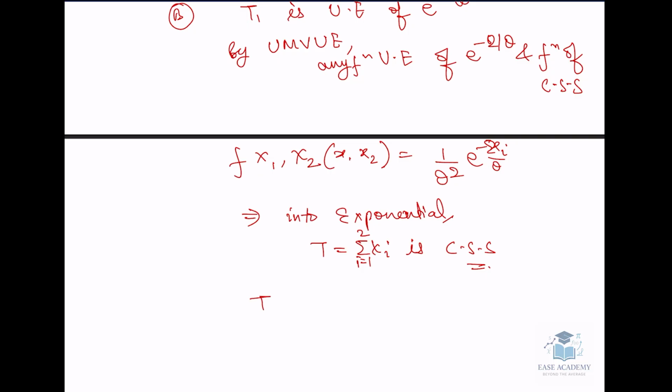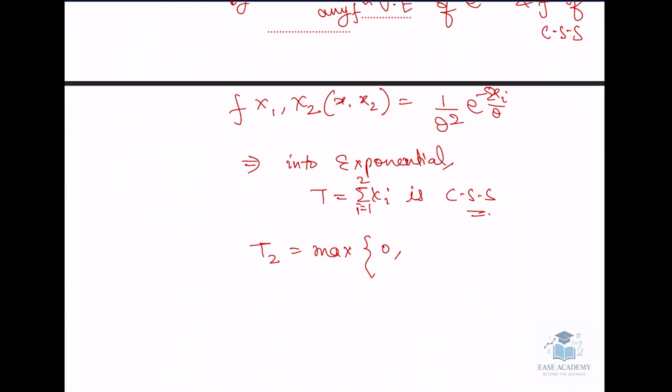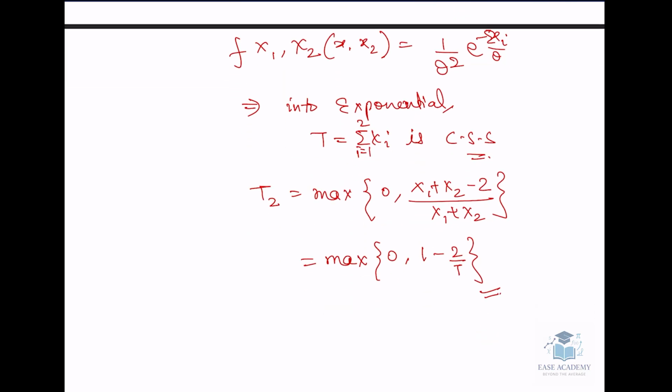Here T2 is defined as maximum of 0 comma X1 plus X2 minus 2, divided by X1 plus X2. That means this is nothing but maximum of 0 comma 1 minus 2 by T, so it is a function of the complete sufficient statistic.